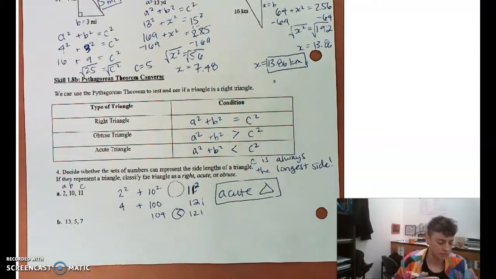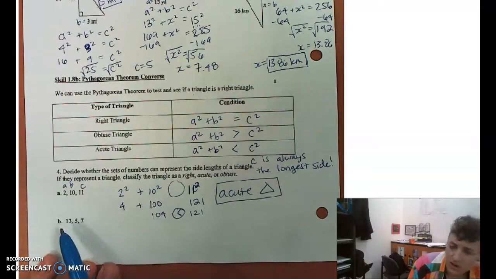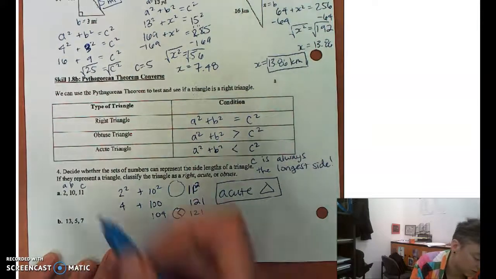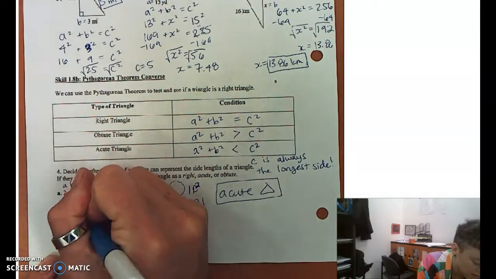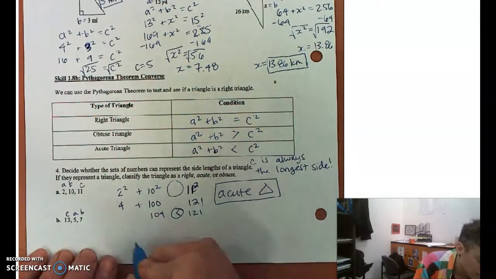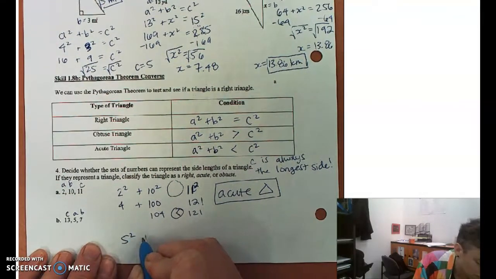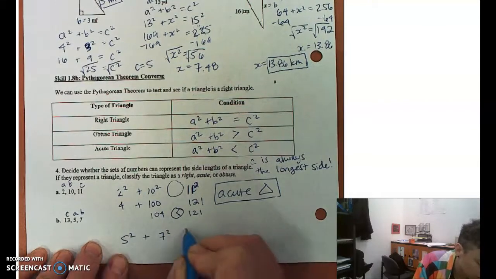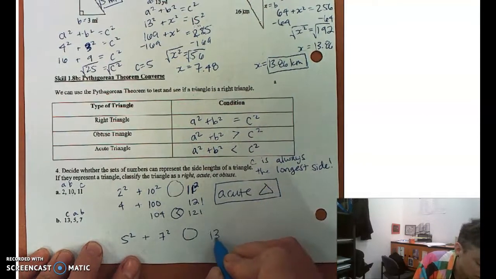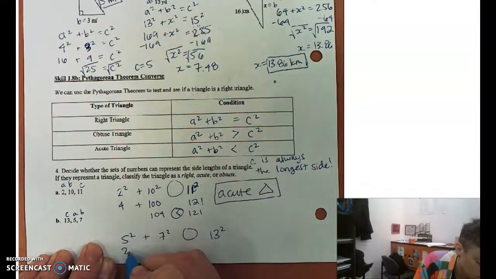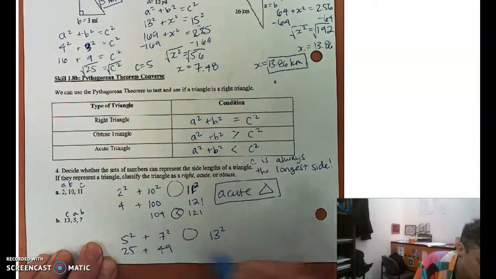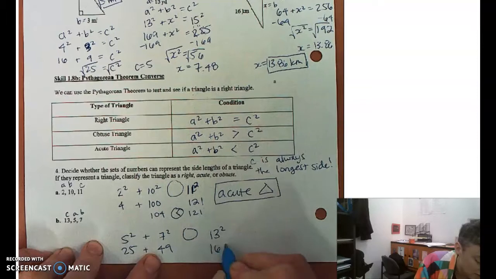Alright, let's do it again. Got to figure out which side is our c. Well, 13 is the biggest number of this set. Let's call the others a and b. So let's set it up. We'll do 5 squared plus 7 squared. Again, we're going to see what sign goes in there. 13 squared. 5 squared is 25, 7 squared is 49, 13 squared is 169.